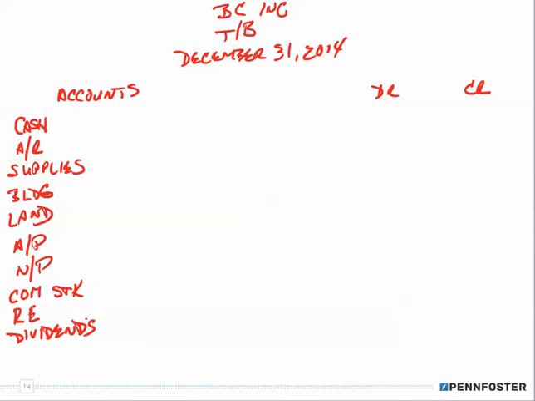So the equity section would change, but at this point in financial accounting, so far we're only dealing with common stock, retained earnings, and dividends, because we're looking at this from a 40,000 foot view. So this is our assets, liabilities, and equity.